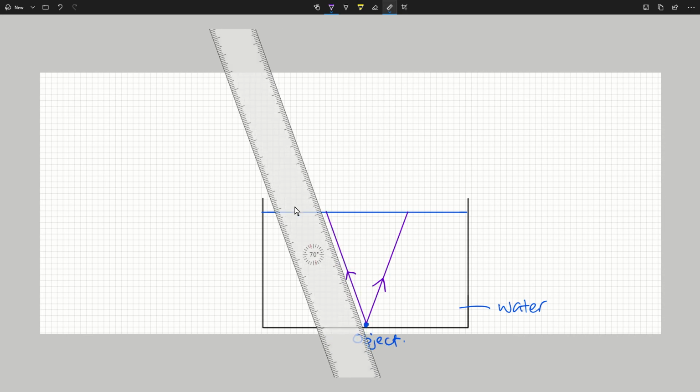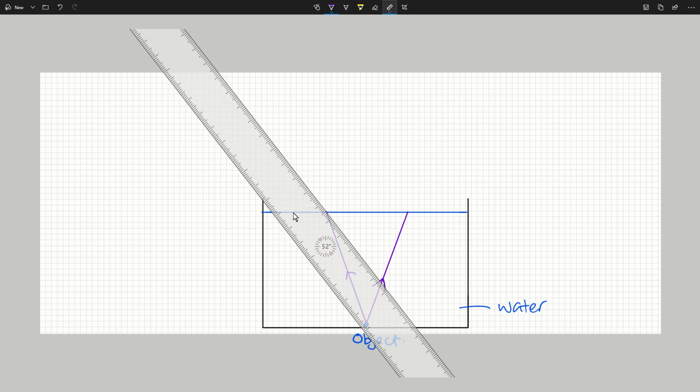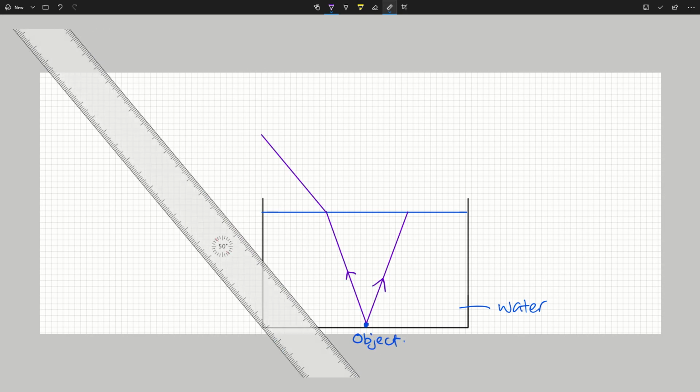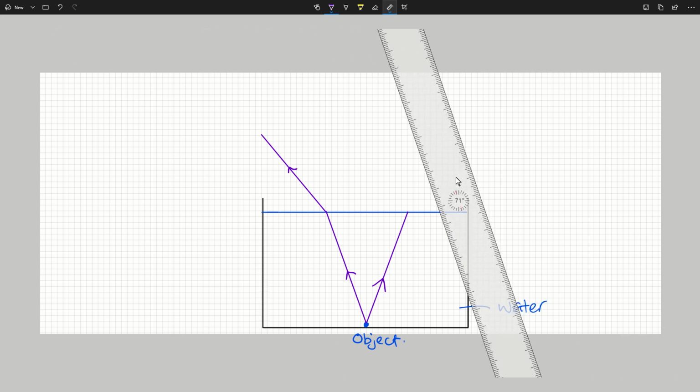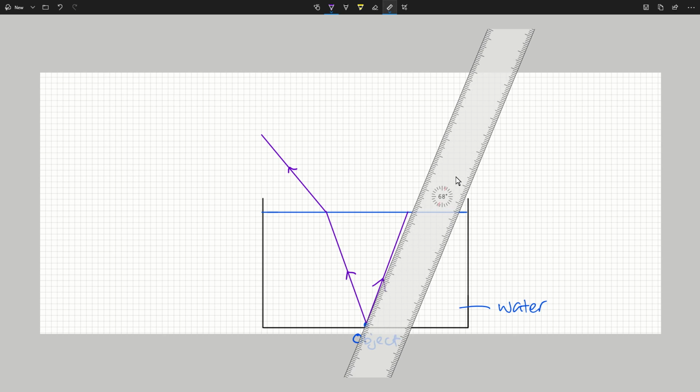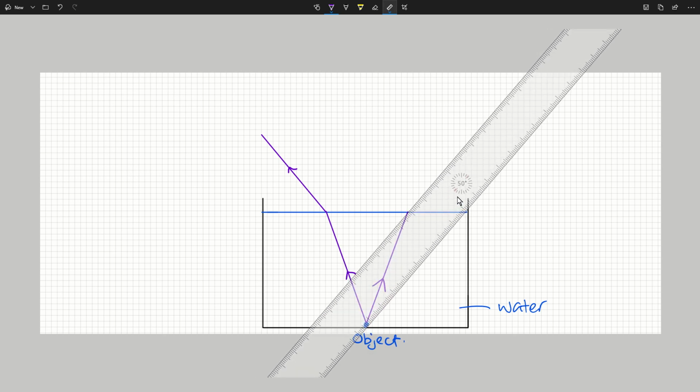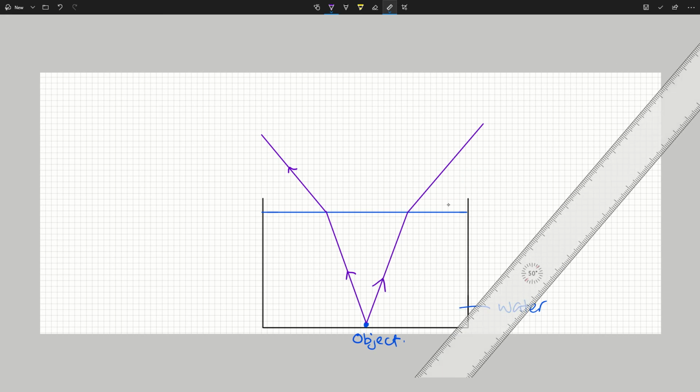And this is how we're going to illustrate it. So it bends away from the normal.